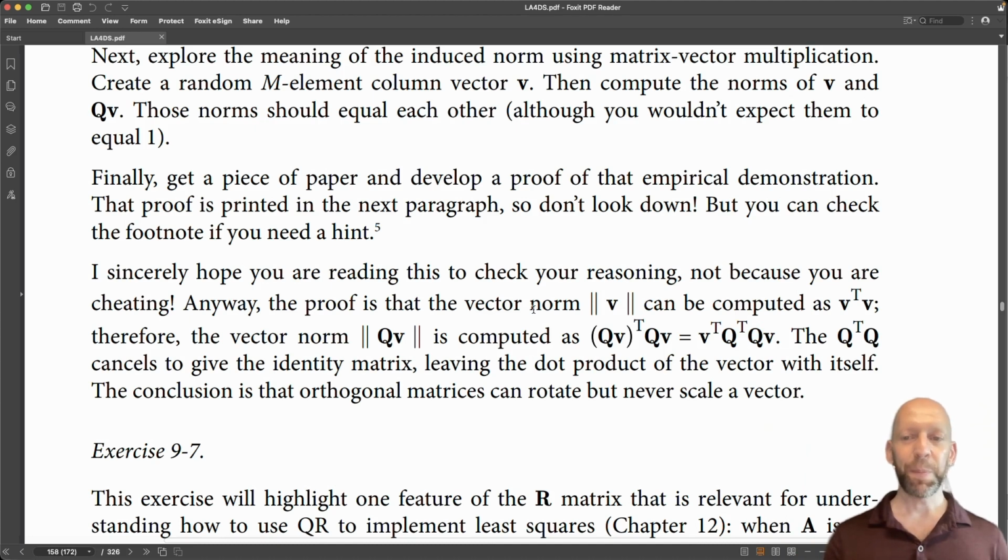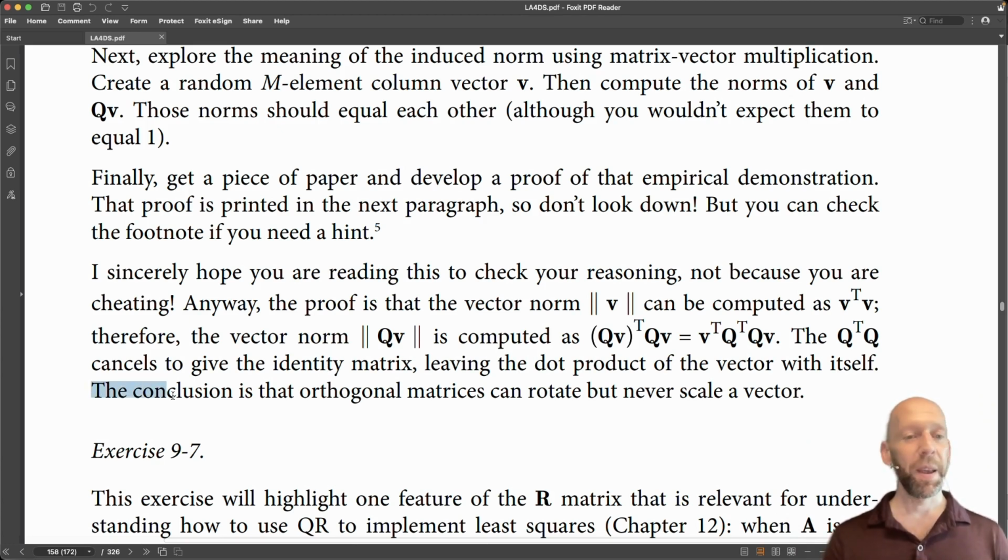So that is the proof that works only because Q transpose Q is the identity matrix. This special property holds only for the case where the matrix times its transpose is the identity matrix, which is obviously the case for any orthogonal matrix.